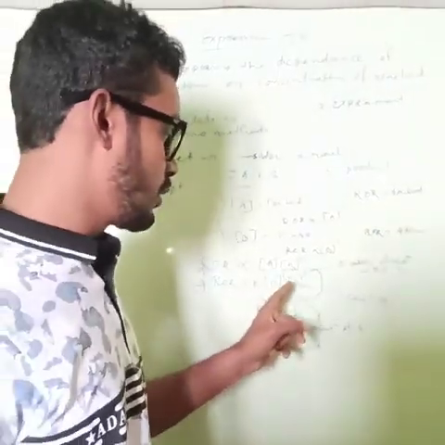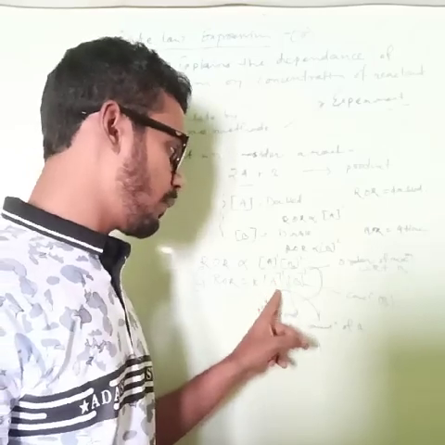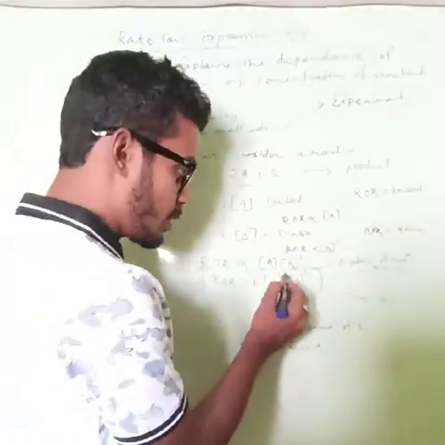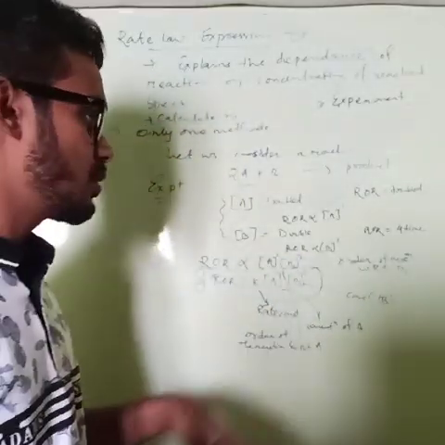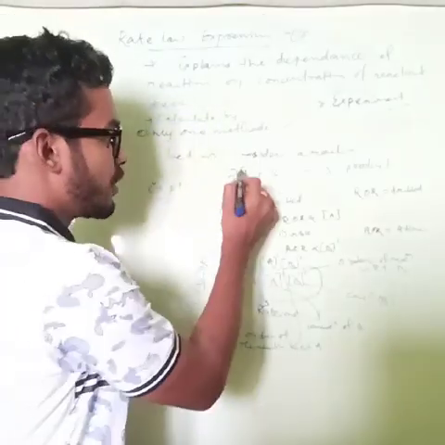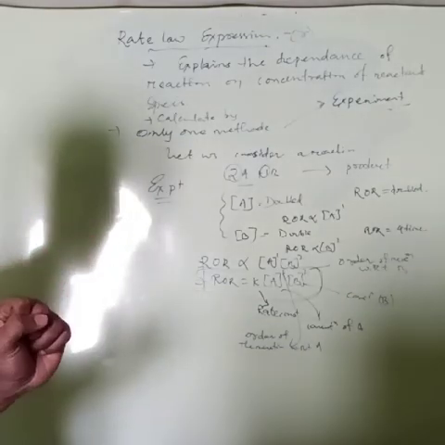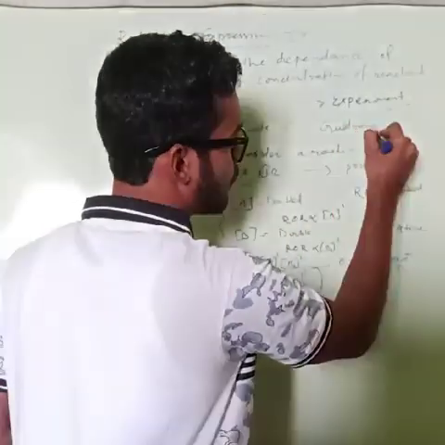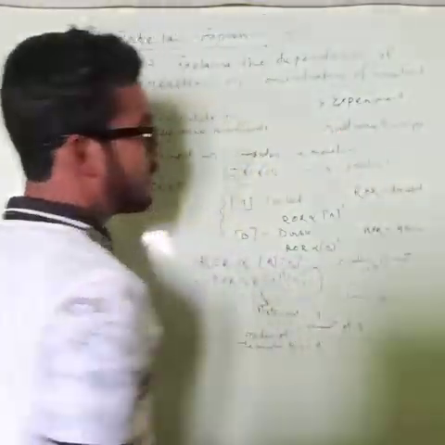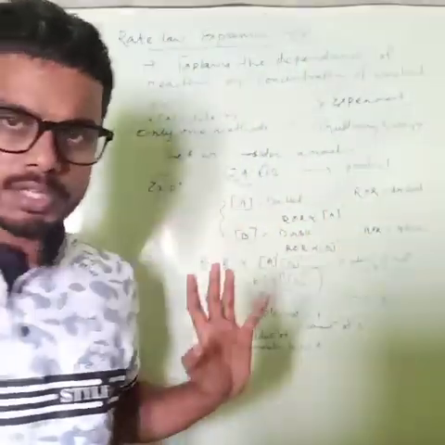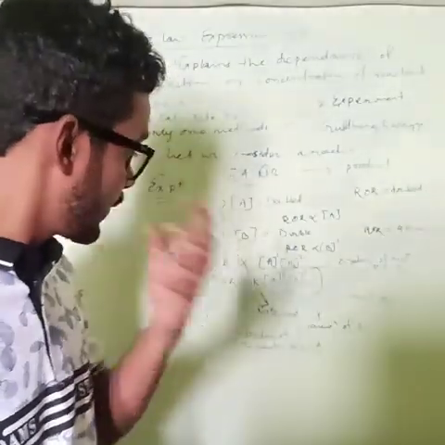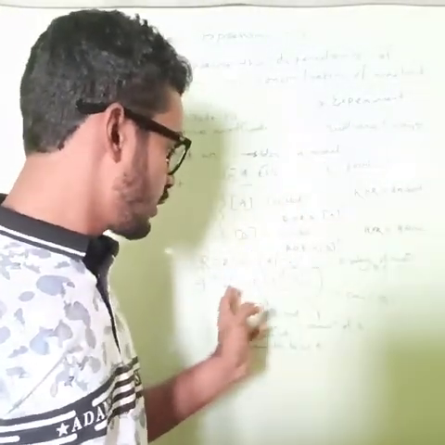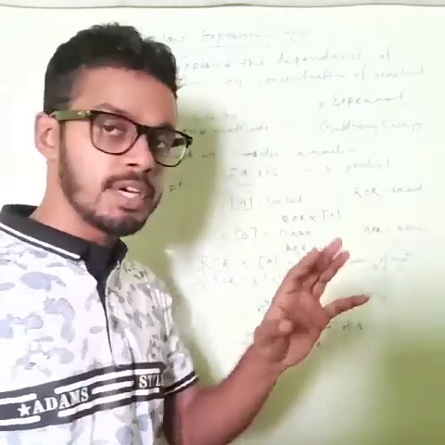So rate law is nothing but the product of concentration of the reactants to the power of some extent, which may or may not be equal to its stoichiometric coefficient. So what are stoichiometric coefficients? This one is the stoichiometric coefficients. Guldberg and Waage, the scientists, explained that there is no need to do experiment, we will calculate easily by applying this. They said that these 1 and 2 are the stoichiometric coefficients. The rate law is the product of concentration of the reactants to the power of its stoichiometric coefficients.